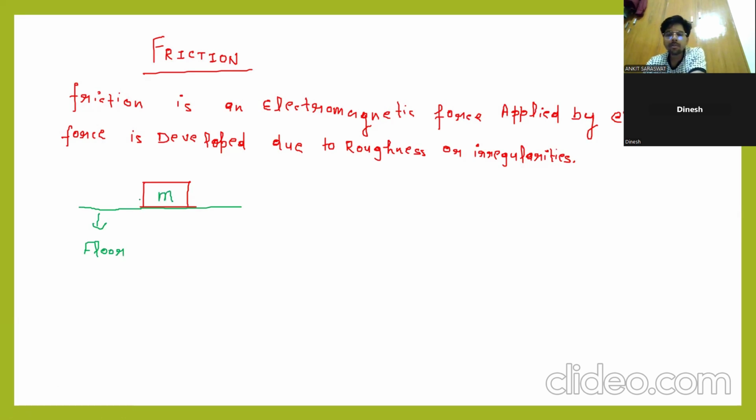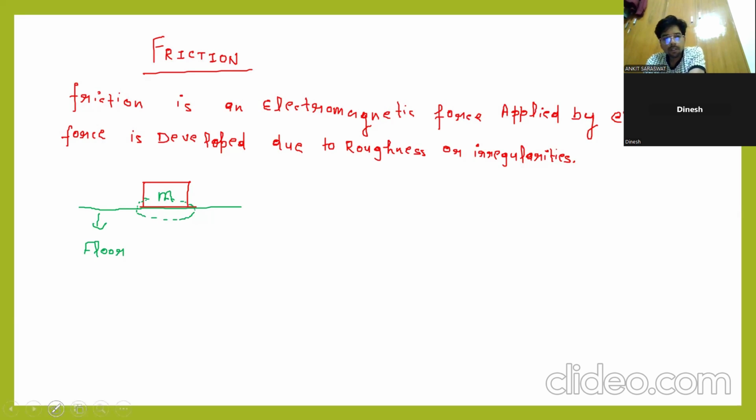From your naked eye, you can't see the surface in contact. If I zoom in, this surface looks plain, like shiny. There are no irregularities you can see with the naked eye.